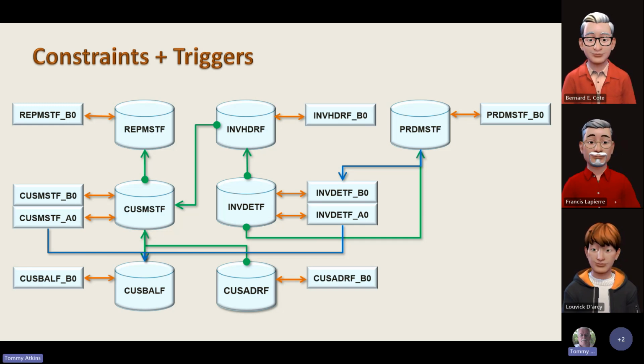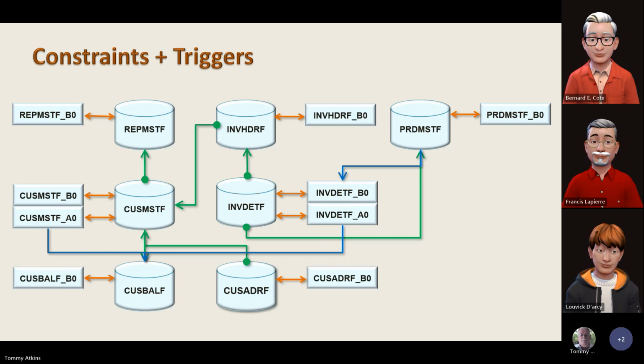So this is a little picture of a tiny little database. Obviously, yours is a lot bigger than this. And you're not going to try and do this all at once. You begin slowly and carefully, one little place at a time, to eventually grow to this type of control.